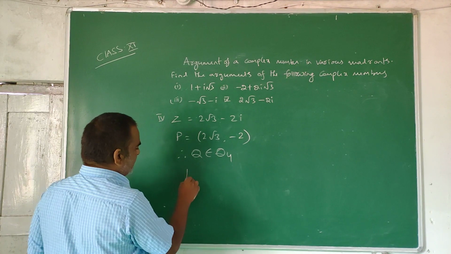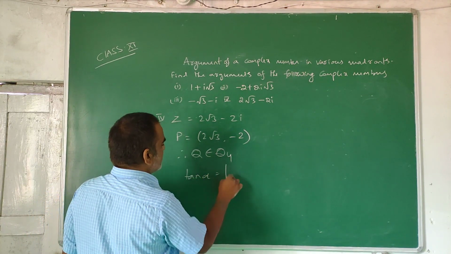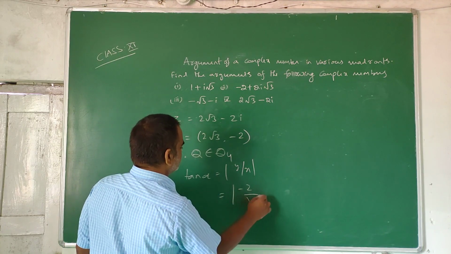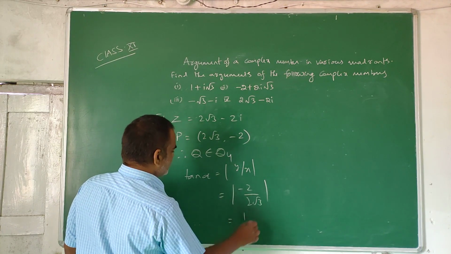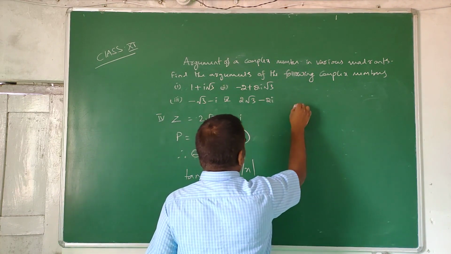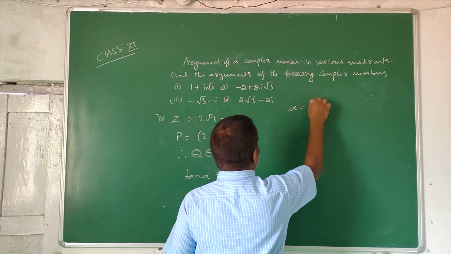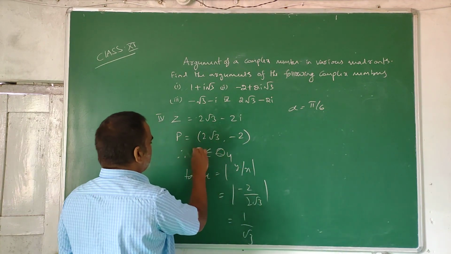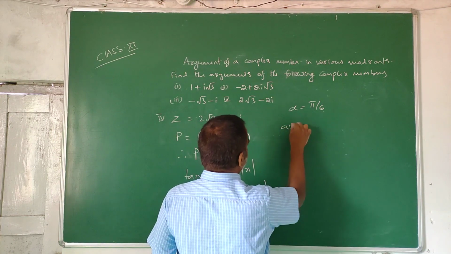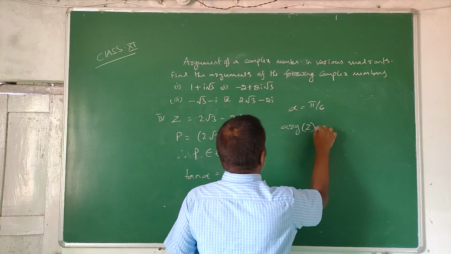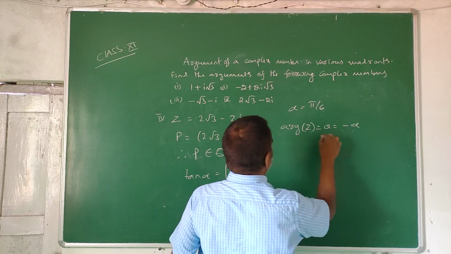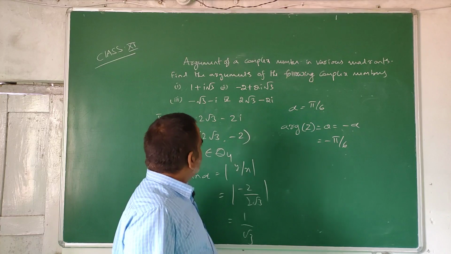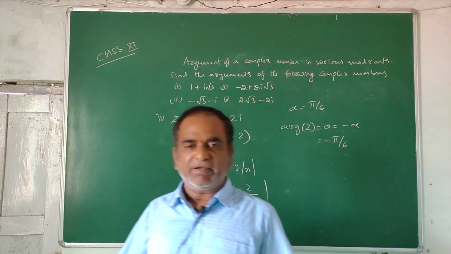So calculate tan alpha, mod y by x, mod of minus 2 by 2 root 3, which is equal to 1 by root 3. Therefore alpha is pi by 6. When the point P is in Q4, the argument of Z, as we have discussed, is minus alpha. So argument of Z is equal to minus pi by 6. So this is how we have to calculate the argument of a complex number.